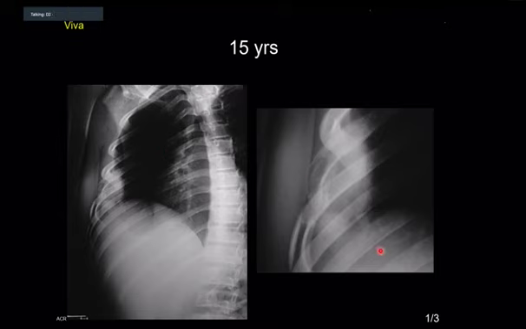So I can see on the right posterior rib, there is a lucency. There is no associated soft tissue swelling that I can see. The inferior cortical margin is preserved, but the superior cortical margin looks disrupted. The rest of the imaged ribs and the surrounding soft tissues appear unremarkable.